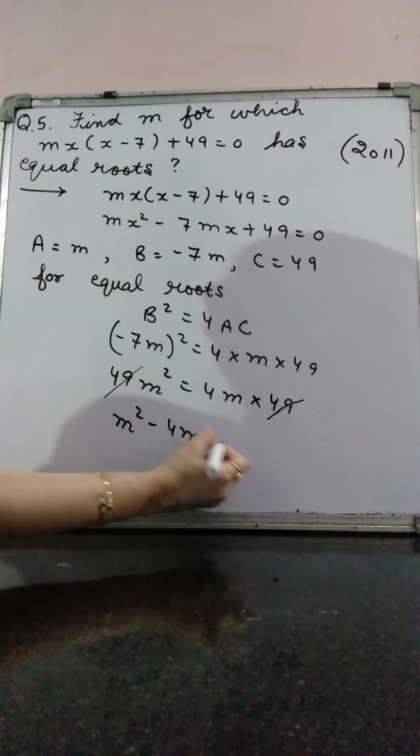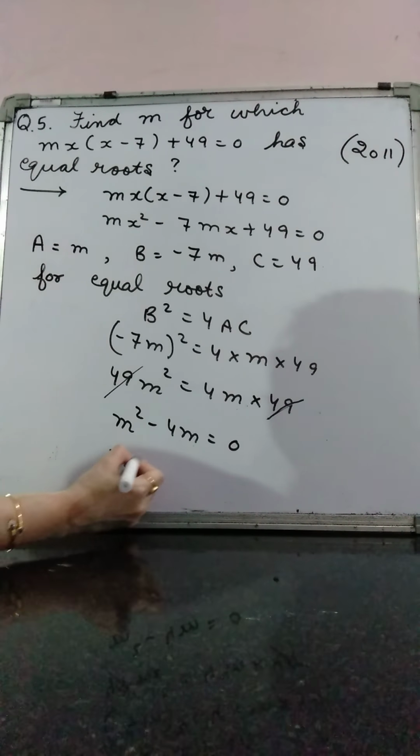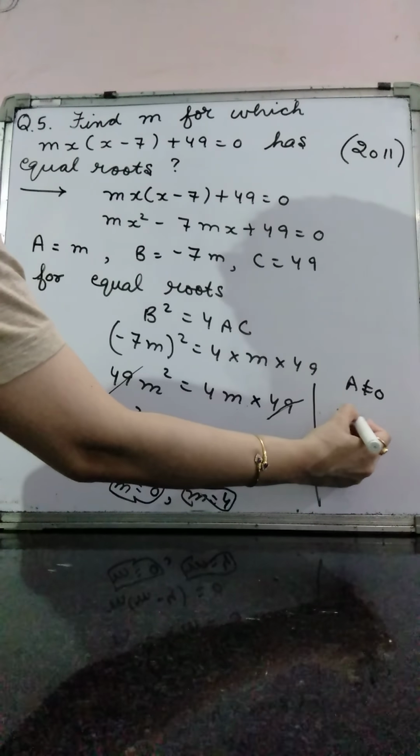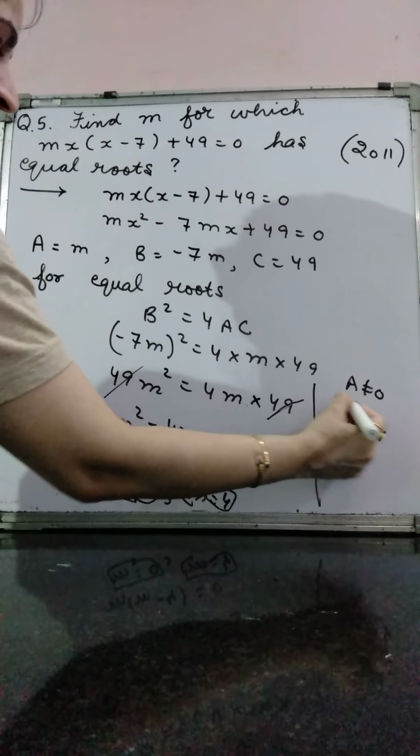Collect 4m on LHS. Take m common. So the values are m is equal to 0 and m is equal to 4. If m is equal to 0, then a will be 0, but we have a not equal to 0, so the value of m is 4.